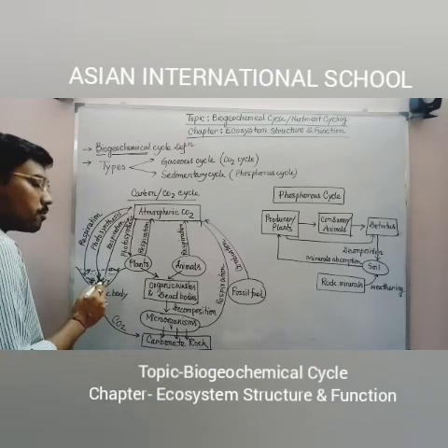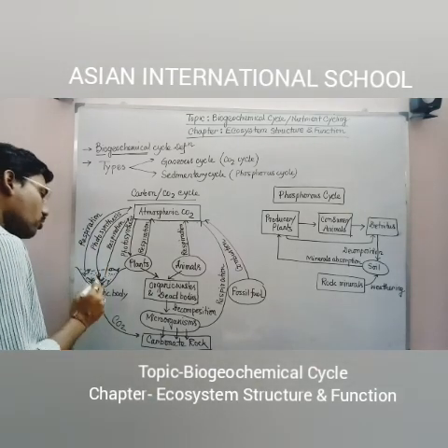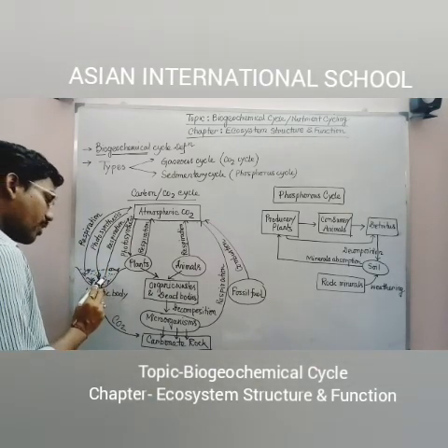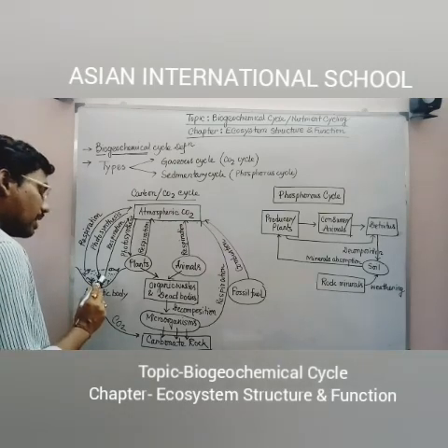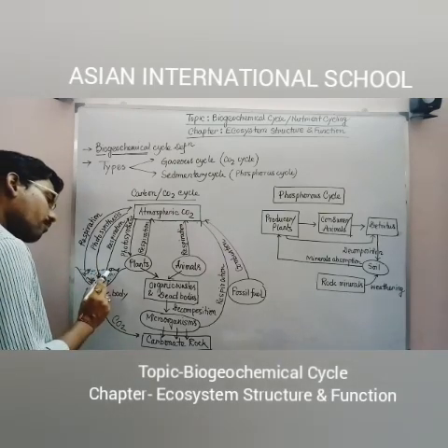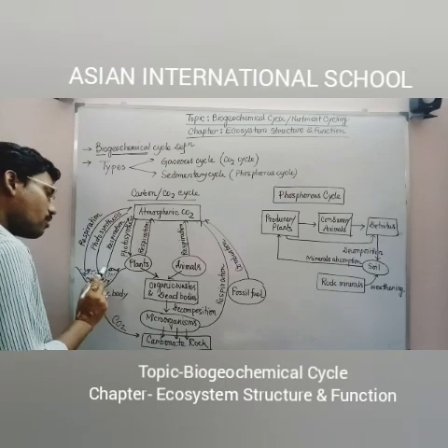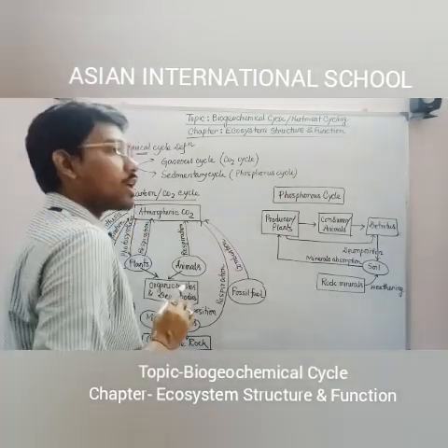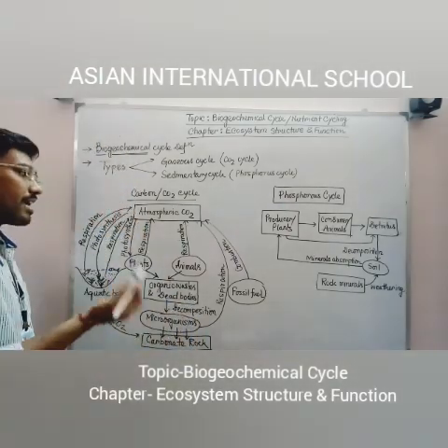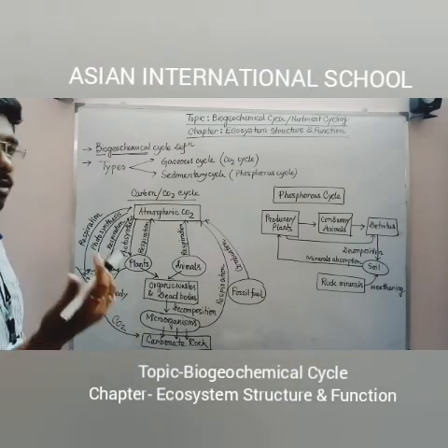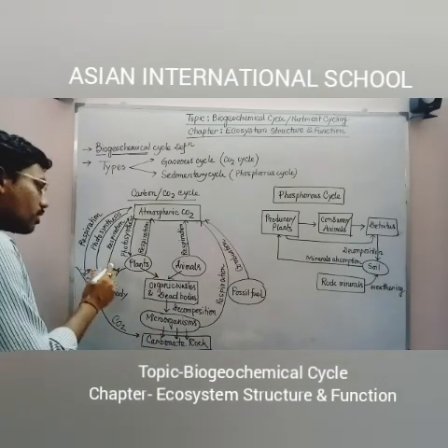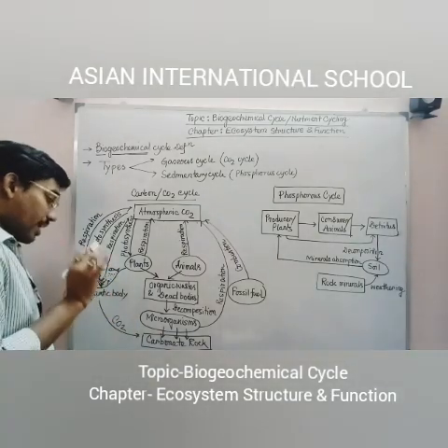So that is getting absorbed by the aquatic plant. And when the aquatic plants are performing respiration, at that time also they are releasing carbon dioxide into the water. It remains initially in dissolved form, and after that it will be returned to the atmosphere. Okay, it will get added to the atmospheric CO2 quantity. So that's why 2 arrows we have to give here. Keep it in your mind.